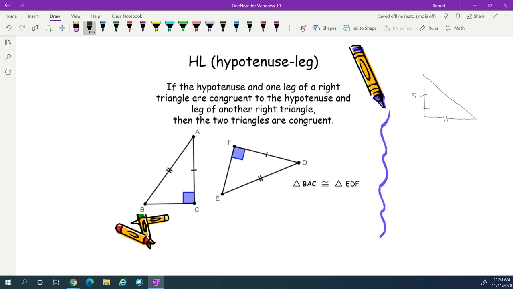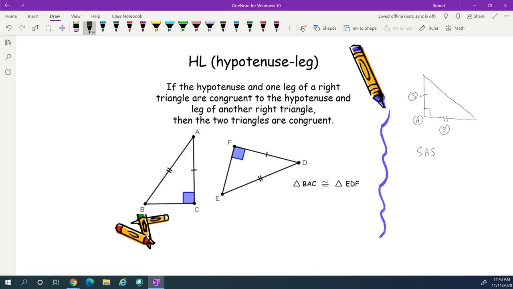We have a side, we have a second side, and we have the angle between them. So this one looks like SAS. Now remember, we're comparing two triangles. You can't have SAS in one triangle. I'm just showing you an example of a right triangle that would not use HL.